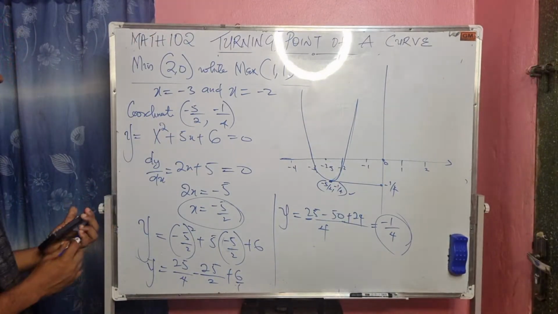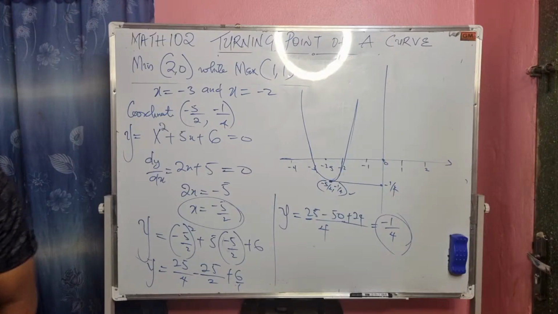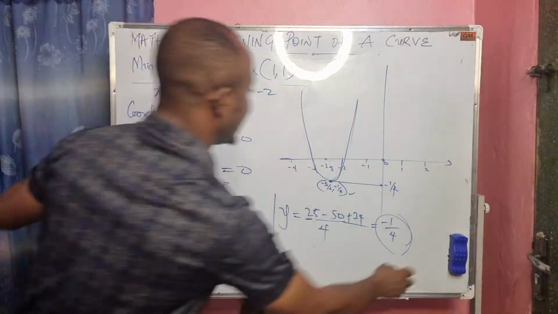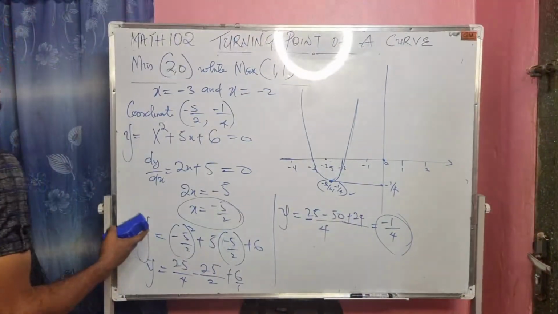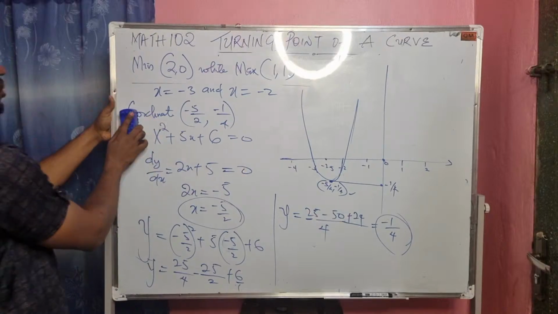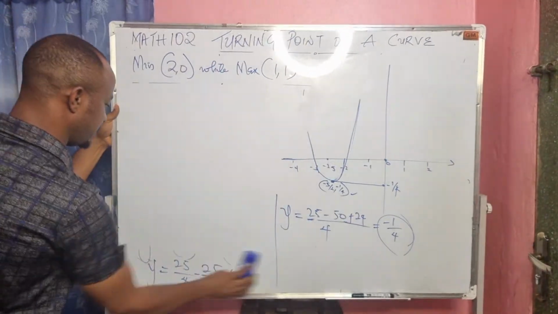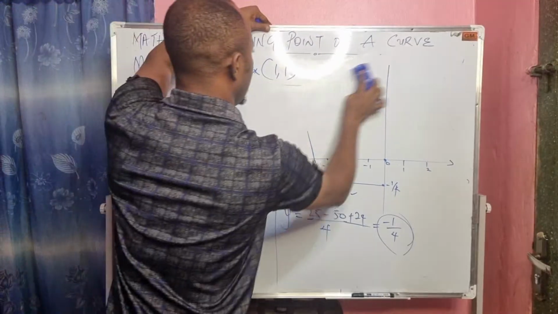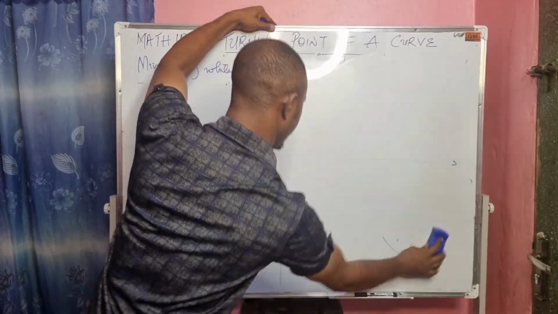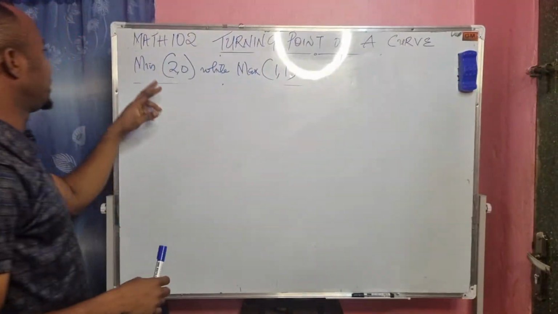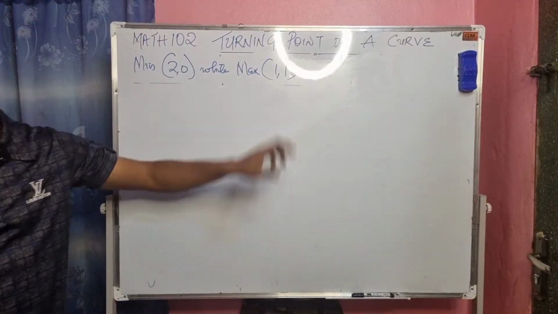But let's see what actually led us into this. We want to see how we can sketch the curve of the original function we are dealing with that gave us this minimum and maximum value, right?